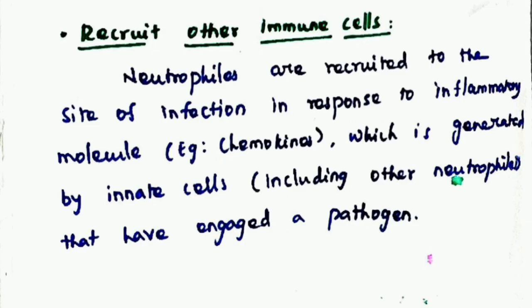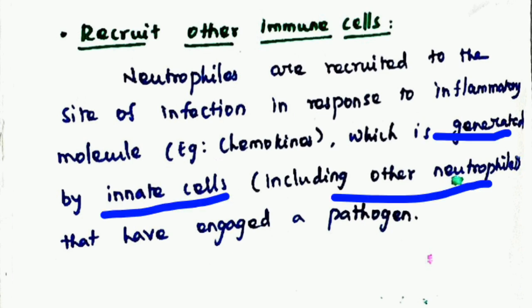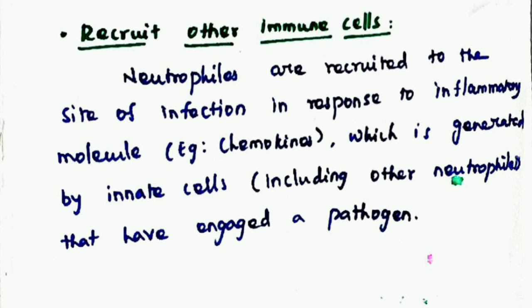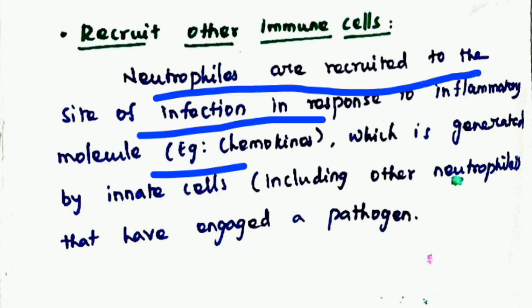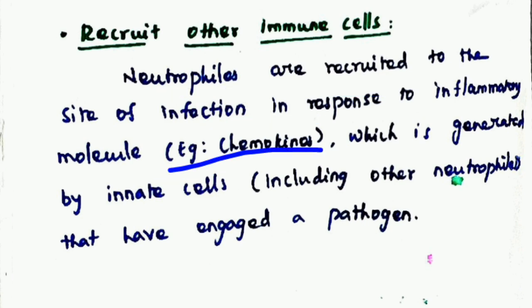The last one is cytokine production. Cytokines are produced by neutrophils and also some other innate cells. These cytokines are chemical signals. Neutrophils are recruited to the site of infection in response to these inflammatory molecules, for example chemokines. A chemokine is a type of cytokine generated by innate cells, including other neutrophils, that have engaged a pathogen.